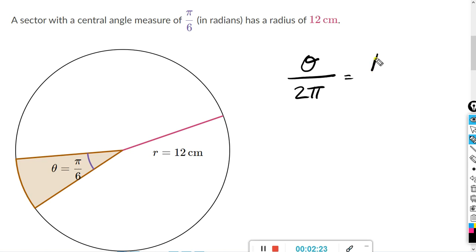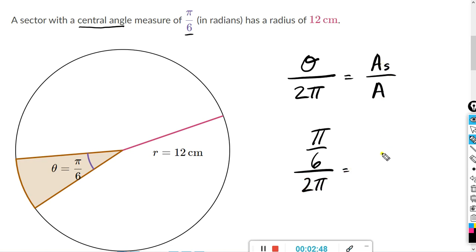And that equals the area of the sector divided by the area of the circle. All right. So the central angle theta is pi over 6. That goes in place of theta. And that whole thing is divided by 2 pi.